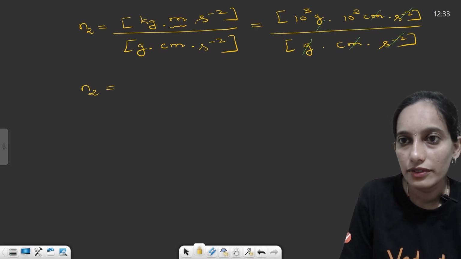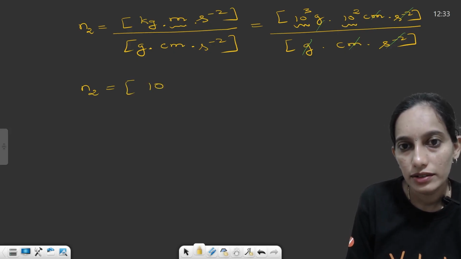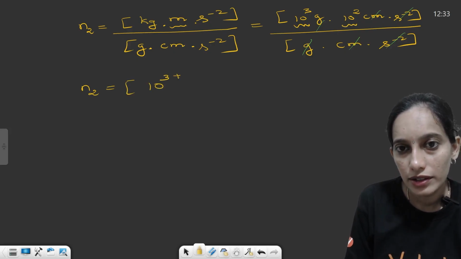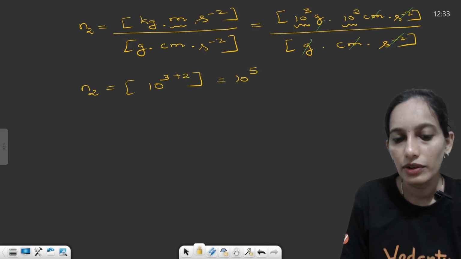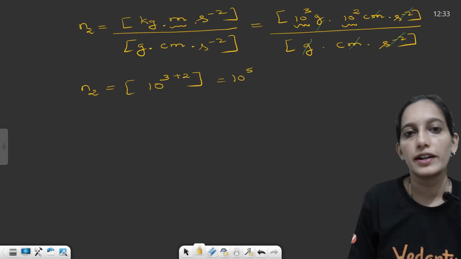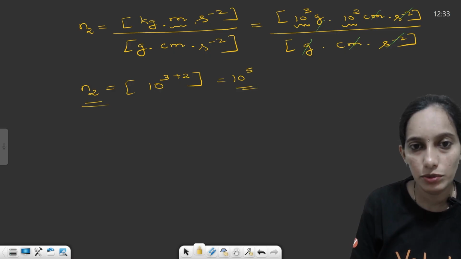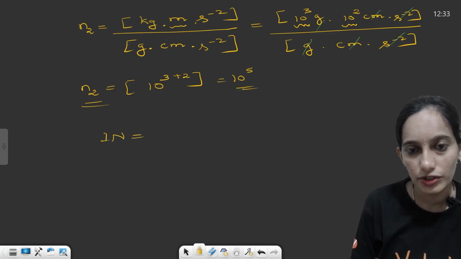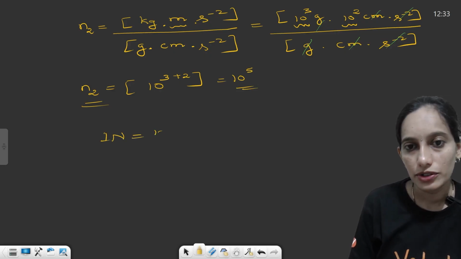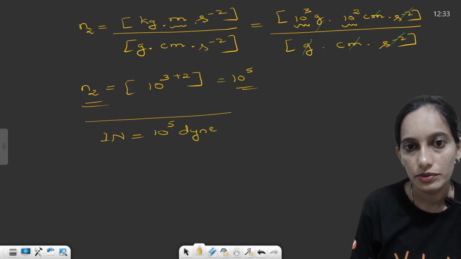We are left with 10 power 3 into 10 power 2, that is 10 power 3 plus 2, which is nothing but 10 power 5. So the n2 value is 10 power 5. That means 1 Newton is equal to 10 power 5 dyne.